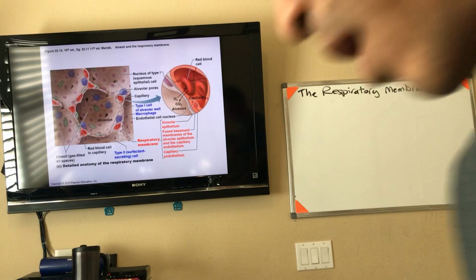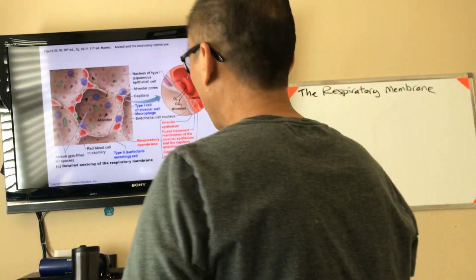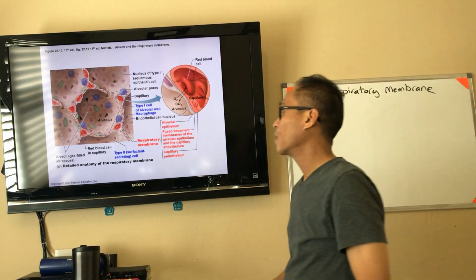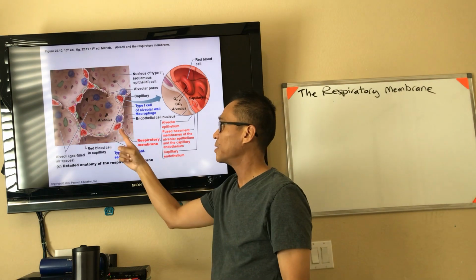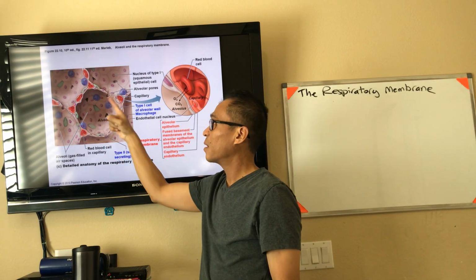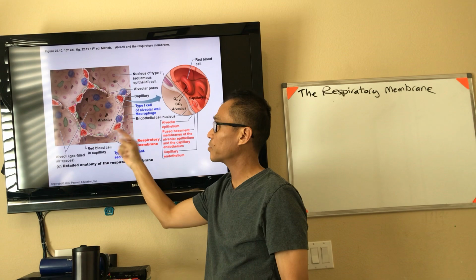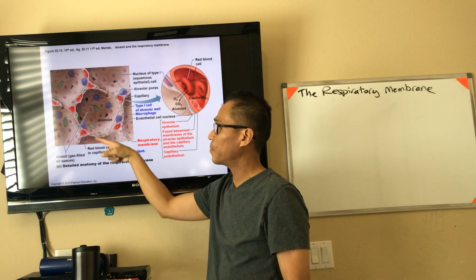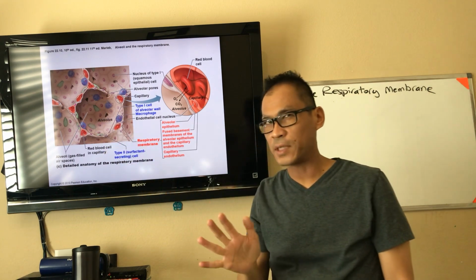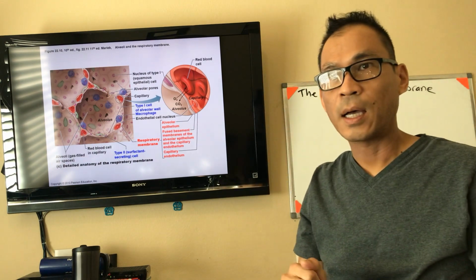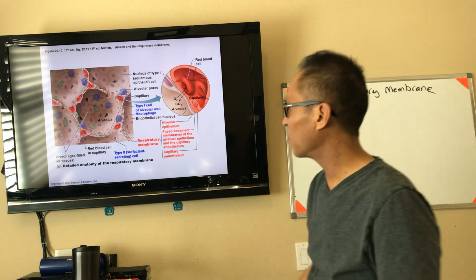So moving on, let's talk about the anatomy of the respiratory membrane shown here. We have our alveolar space. You can see at these little corners here we have the pulmonary capillaries for the gas exchange. We have our different cell types in this space. There's basically type 1, type 2 cells, and we'll go through that. So let's kind of look at the membrane itself.